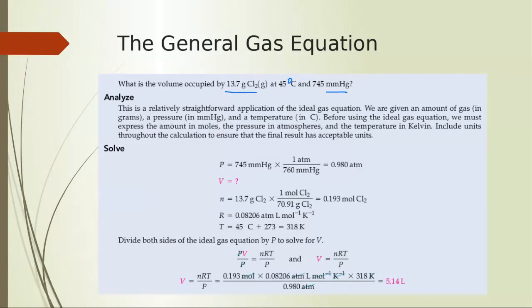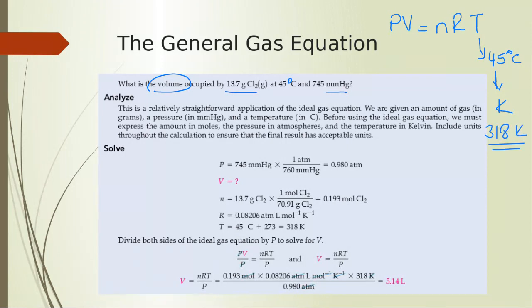You have to find the volume of the chlorine gas. V is equal to nRT. You know that T is 45 Celsius degree, but you have to convert that to Kelvin. This Kelvin will be 318 Kelvin.